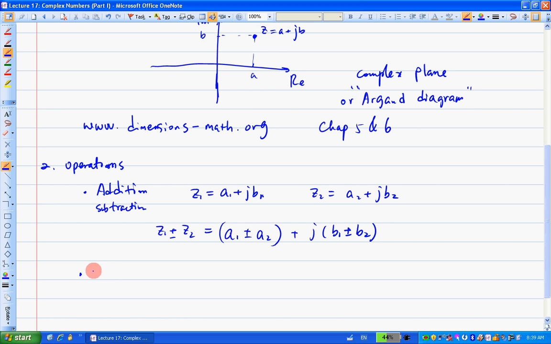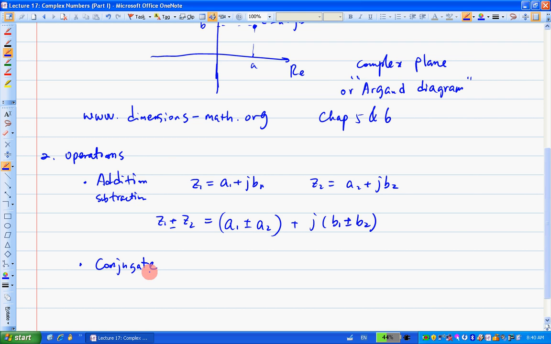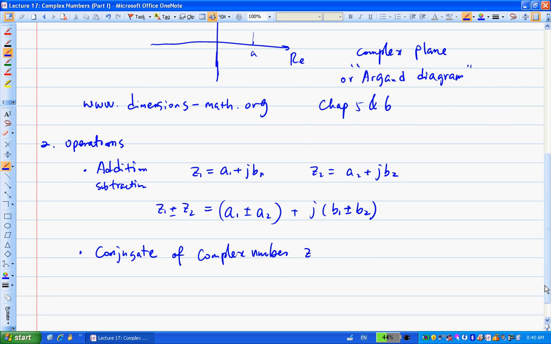Okay, so then basically there is one operation on conjugates. There's one operation that's dedicated to complex numbers, called the conjugate of a complex number Z. So, notation-wise, we use Z bar to represent the conjugate of this complex number.